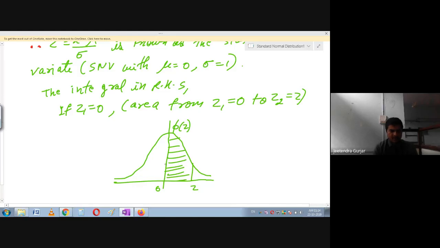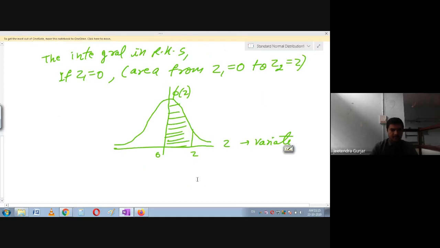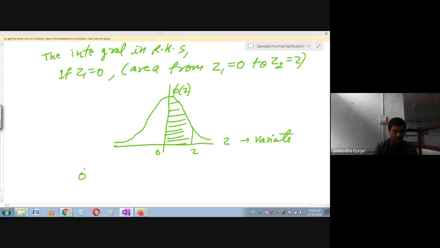So anywhere it may be left hand side or right hand side, this will give you the variate. Remember, z is nothing but the variate. Therefore you can see this now, already in the last example we have seen phi of z.